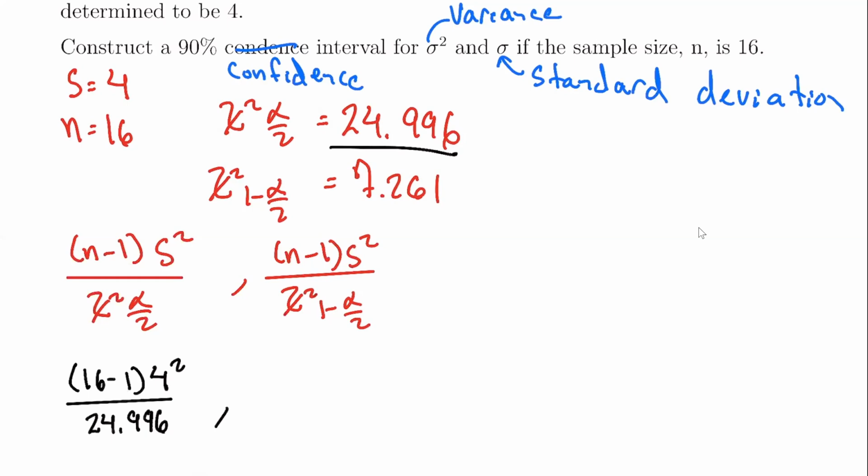That's the lower bound. To get the upper bound, we do 16 minus 1 times s squared, all divided by 7.261, because that's our chi-square of 1 minus alpha divided by 2. So far, any questions for the substitution?